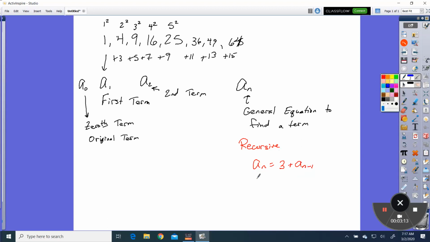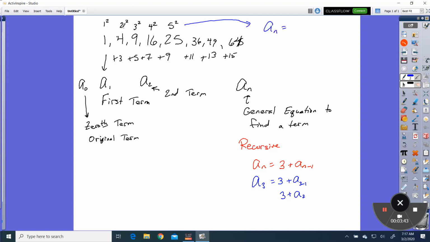So for example, if I wanted to find A3, this would be 3 plus the second term. So that's a recursive formula because you're using the term before to generate the next term. Whereas most of the time, like this top one, I could write this formula as just An equals.